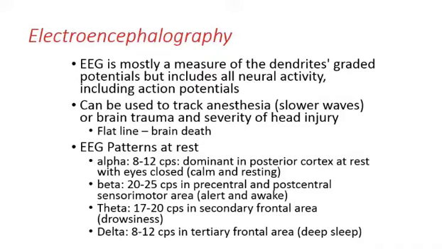Then as we get a little bit more relaxed, we have alpha waves that are about 8 to 12 cycles per second, more dominant in the posterior cortex. We see that start to come in when we close our eyes and we start to relax a little bit. Theta waves are 17 to 20 cycles per second in the secondary frontal area, which is associated with drowsiness, and delta waves are 8 to 12 cycles per second in the tertiary frontal area. Delta waves are more associated with deep sleep.